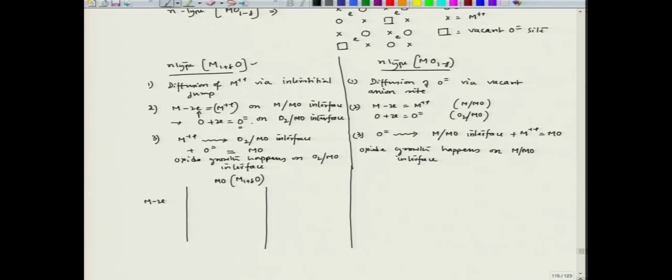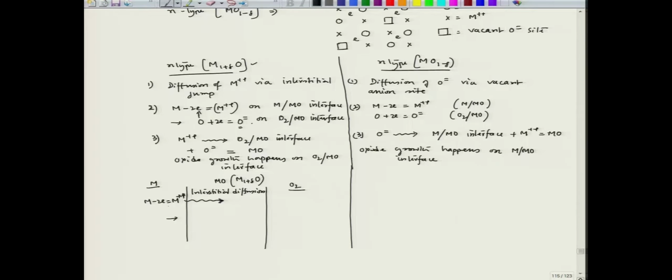So, M minus 2e equals M++, and it migrates via diffusion, since there are metal cation interstitials, and an interstitial can exchange position with another vacant interstitial by its side, and since there is an overall gradient of metal ion on this side, the metal ion will try to diffuse from the metal–metal oxide interface to the oxygen–metal oxide interface.